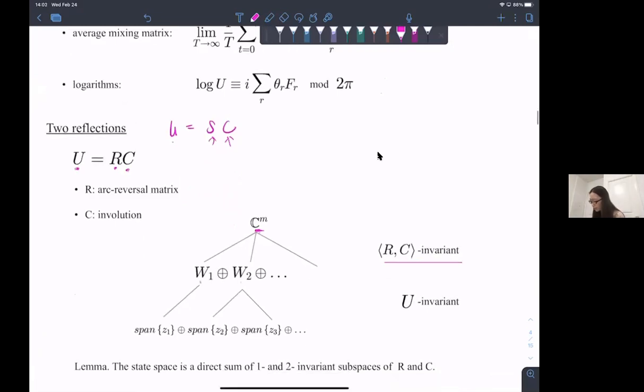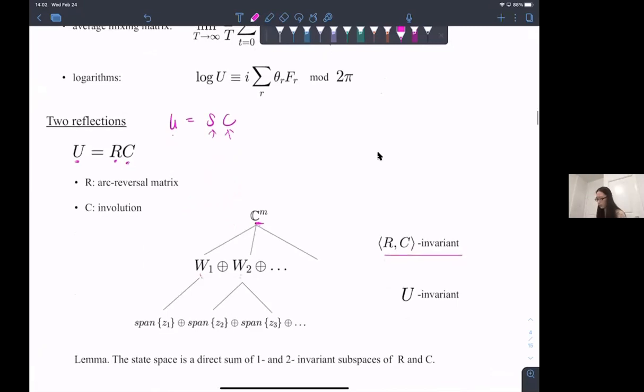And next, I can diagonalize U inside each of these invariant subspaces. Now, there's a very nice theorem from the representation theory of the dihedral group saying that if R and C are both involutions, then we can make these W's 1 or 2 dimensional. So it's not too bad. In the end, the worst thing we need to do is to diagonalize a 2x2 matrix to find the eigenvectors of U.